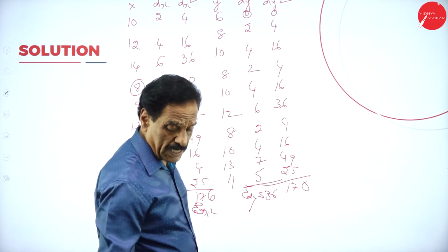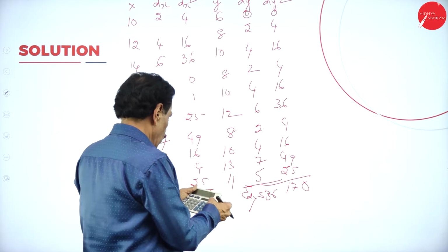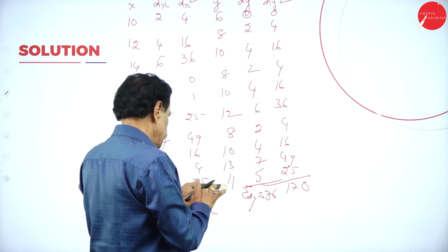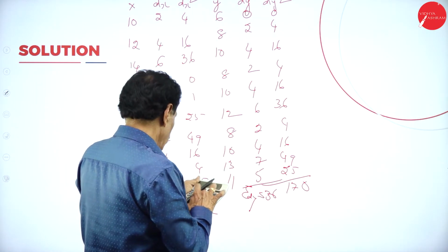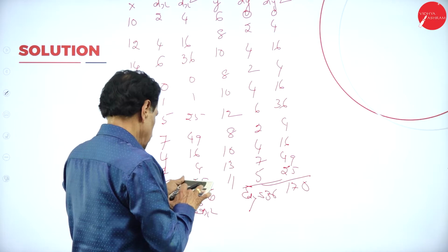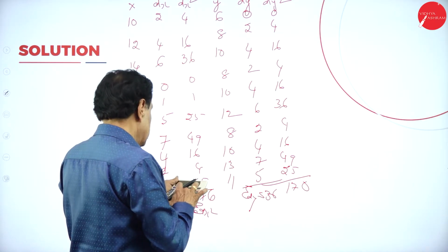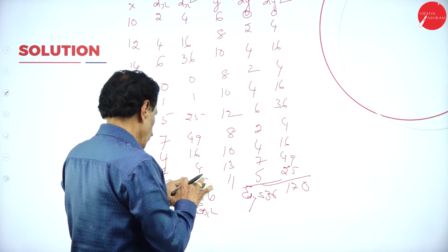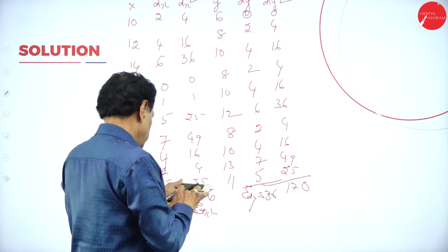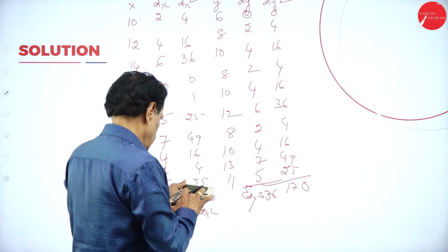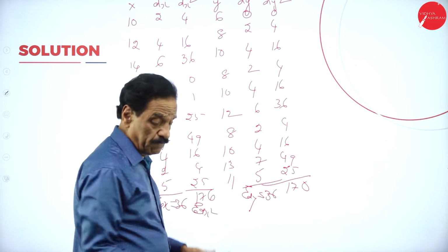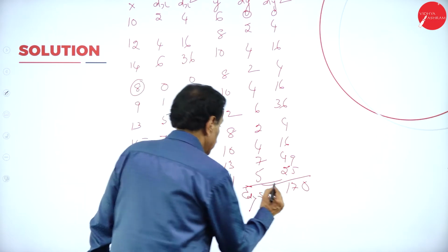Check from the calculator: 4 plus 16 plus 4 plus 16 plus 36 plus 4 plus 16 plus 49 plus 25, 170. What is this? Sigma dy square.